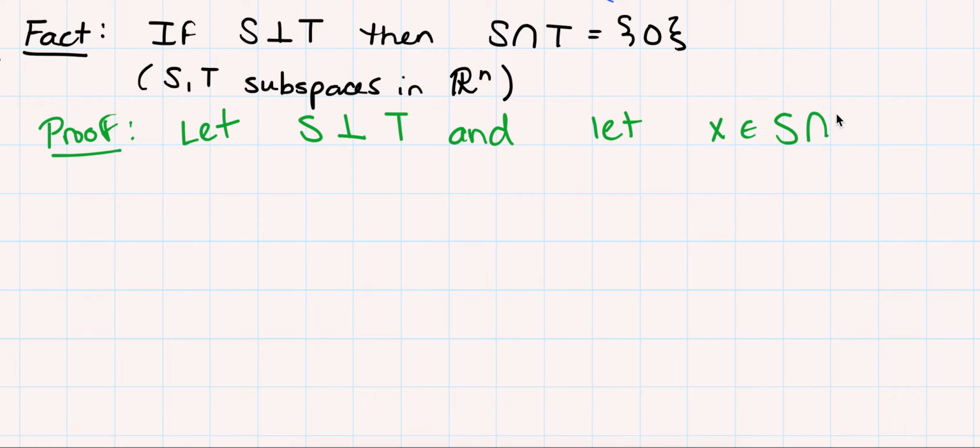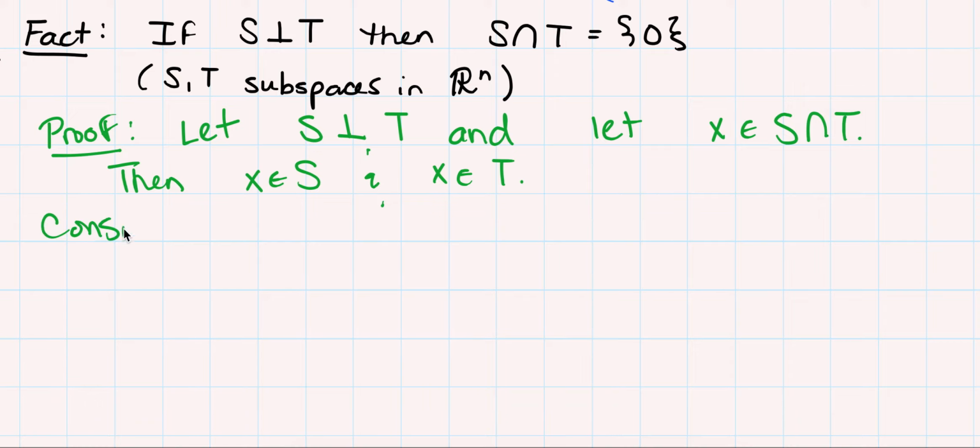Okay, so if that's true, then because it's in the intersection, x belongs to S and x belongs to T. Let's consider the inner product of x with itself.